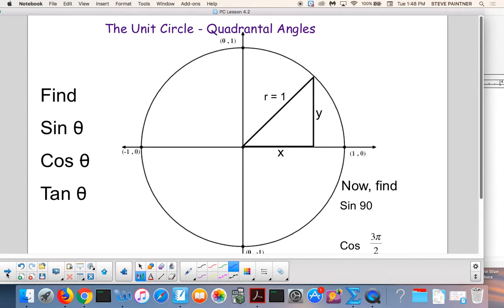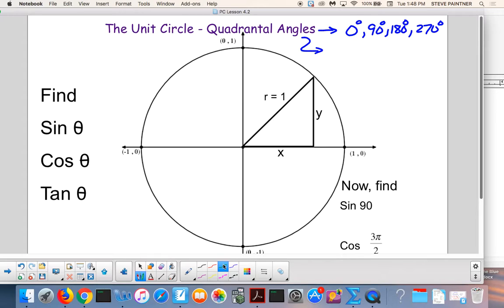Okay. All right. Oh, here come the quadrantals. This is important. The quadrantals are simply going to be when you land on the x-axis at 0 degrees, or the y-axis, 90. We're back on the x, 180, 270, and you can go back to 360, but 360 is just 0. Give it to me in radians.